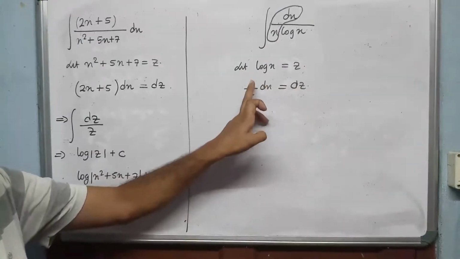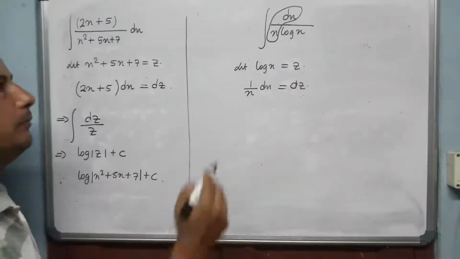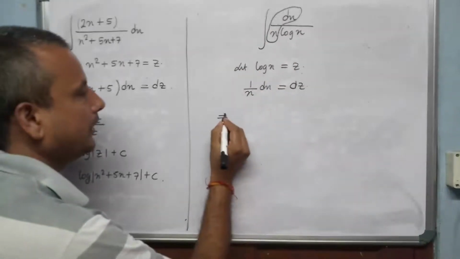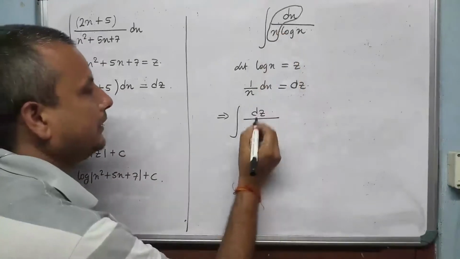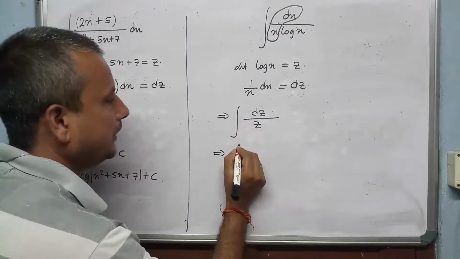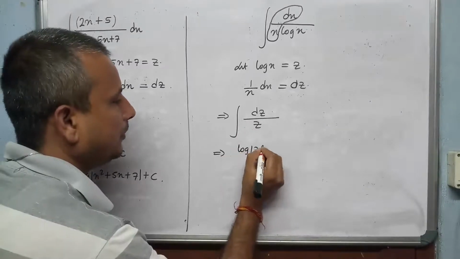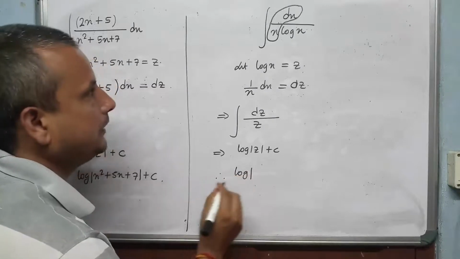In place of dx upon x we can write dz divided by z, since log x is z. The integration of dz upon z is log of mod z plus c. Therefore log of the value of z.